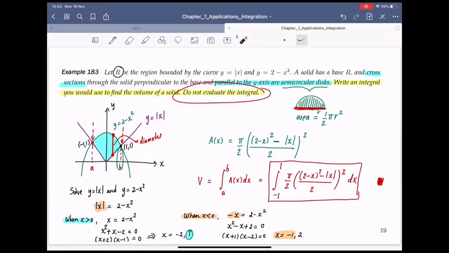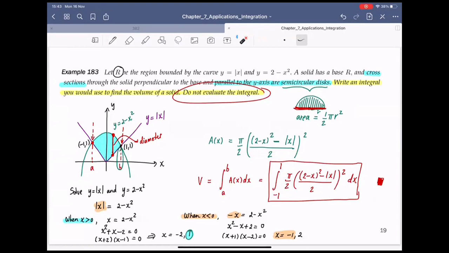So 2 minus x squared minus absolute x is my diameter, and I divide by 2 to get the radius. Then I square it and multiply by pi over 2, so I get the area. I hope this answered the previous question.